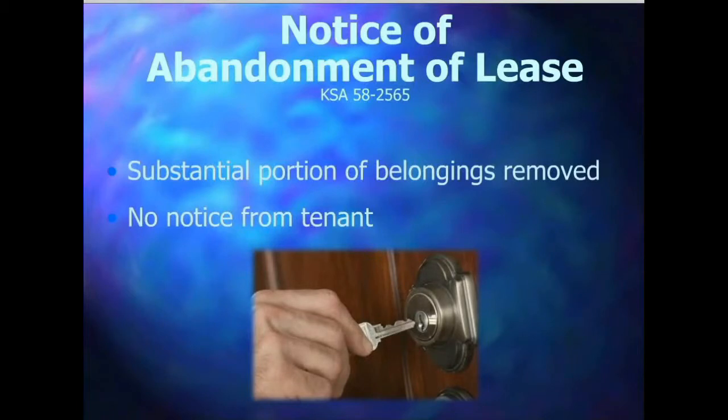Notice of Abandonment of Lease under KSA 58-2565. What does that mean to the landlord? If he thinks the property has been abandoned, he's noticing that there has been a substantial portion of belongings removed, and the tenant has not given any notice that they have left.